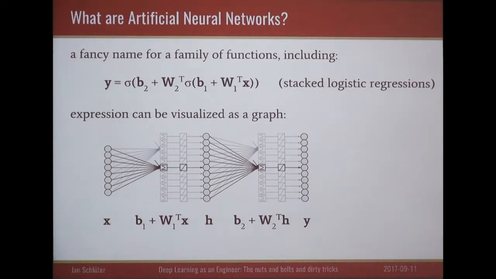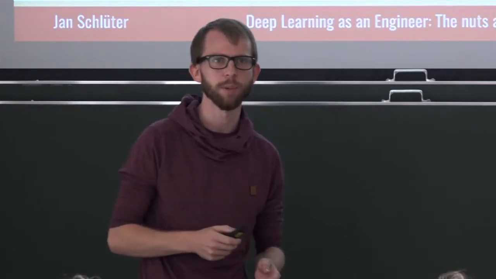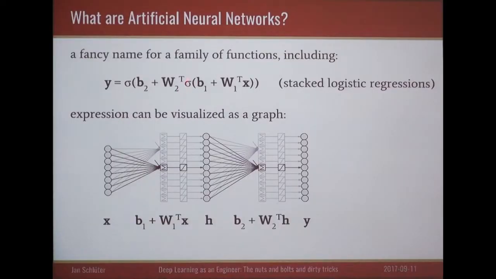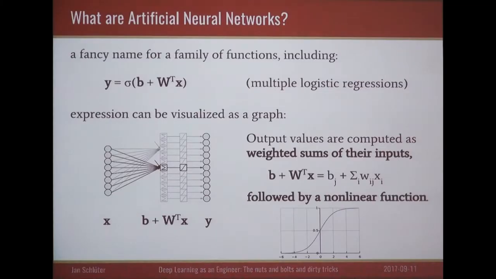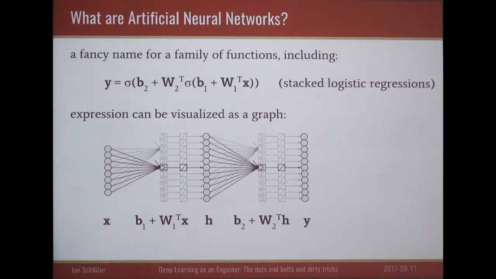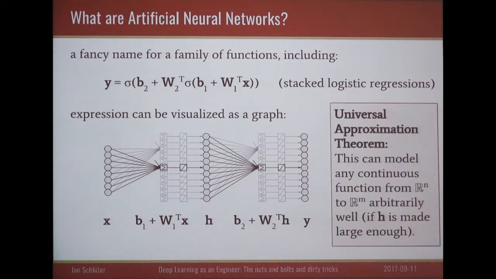The nonlinearity is always applied element by element. It's important that there's a nonlinearity in the middle here, because if there wasn't, we could just collapse the two matrix multiplications into one, and we would be back at this model. So this is what makes the model deep.